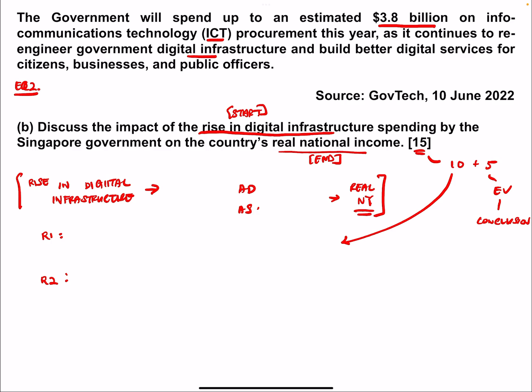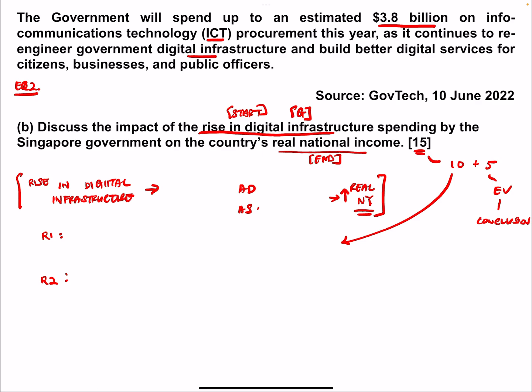If you've got a basic understanding of AD-AS, then you know that this is a component of AD. This is G basically, right? And when G increases, so does AD. And when AD increases, national income should increase. So this direction is definitely positive, right?